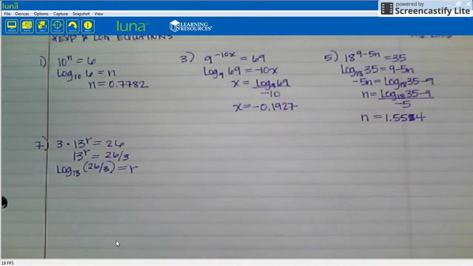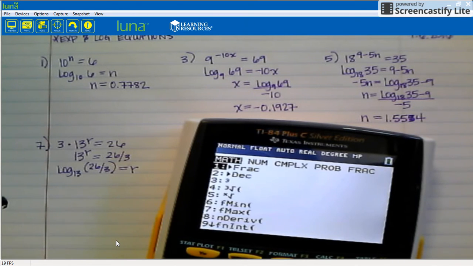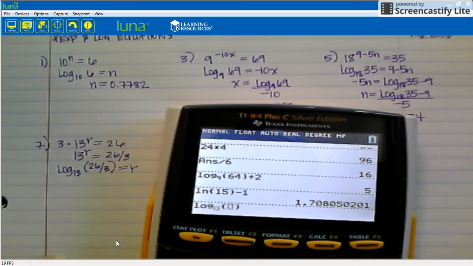And the parentheses were put there on purpose because when I put this into the calculator, I want to put that 26 over 3 in parentheses. Otherwise, it's not going to take the log base 13 of all of it. So I have log base 13 of 26 divided by 3. If I had just put the 26 in there, then it's not going to evaluate correctly.